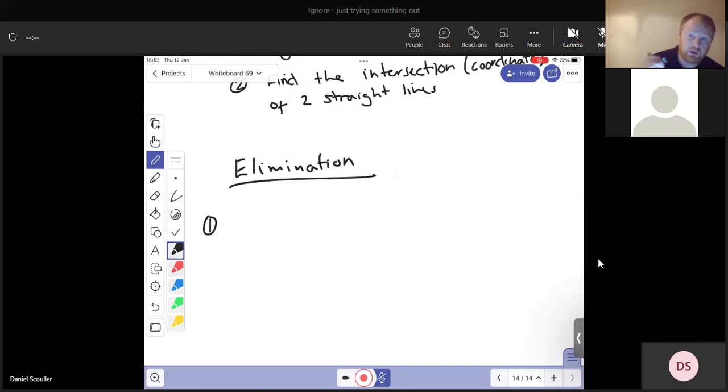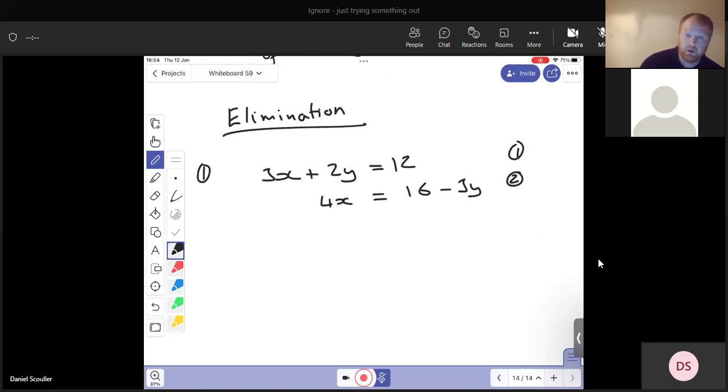So you're going to get given two equations. Something like 3x plus 2y equals 12 and 4x equals. So equation 1 and equation 2. Now the first part of the elimination method is you want to put them one above the other, vertically, with the letters lined up and the whole numbers lined up.